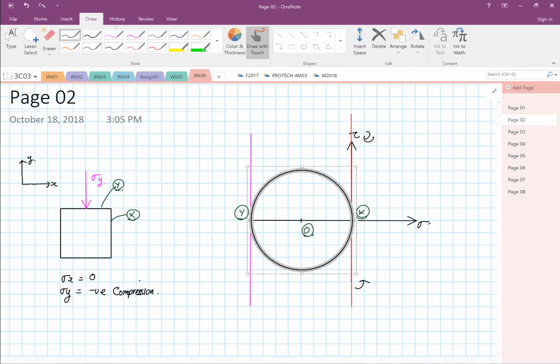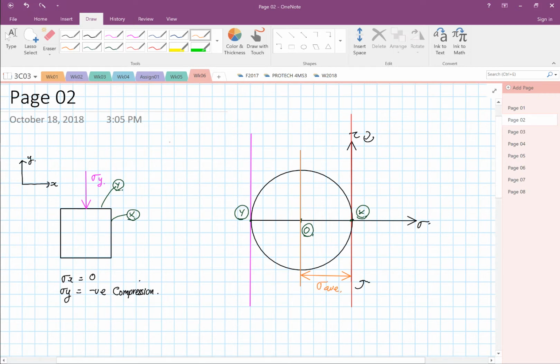Okay, and then with the center of the circle, from here to here, from this direction over here where I'm drawing now, this will be your stress average, and you realize that the stress average is in compression now. Okay, so this is your stress average.